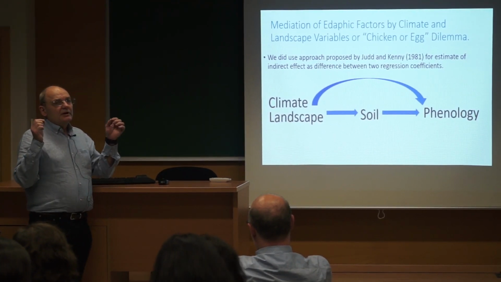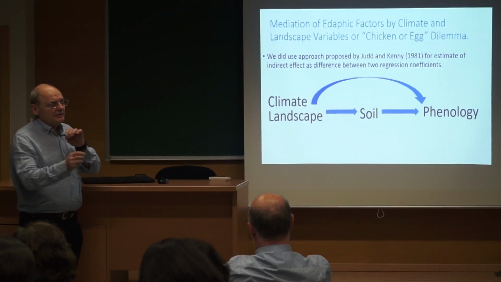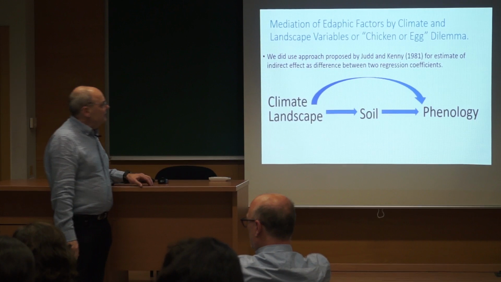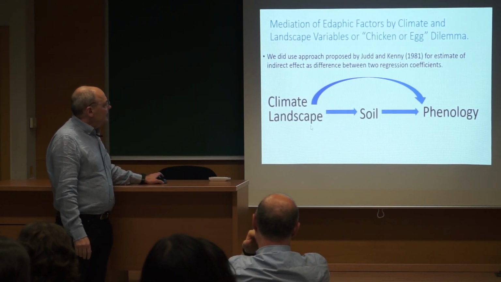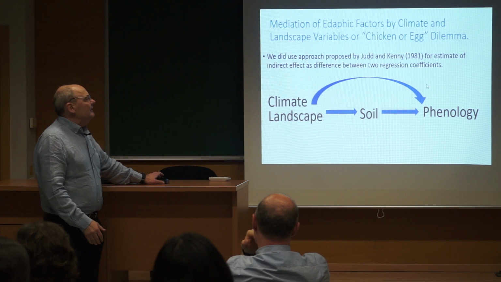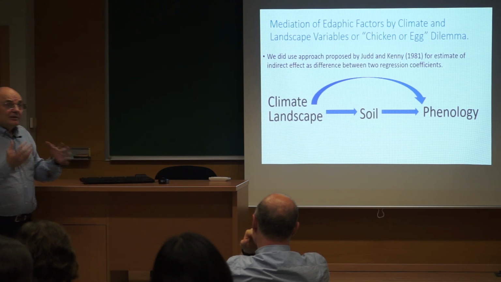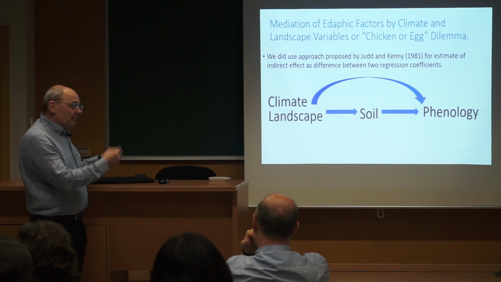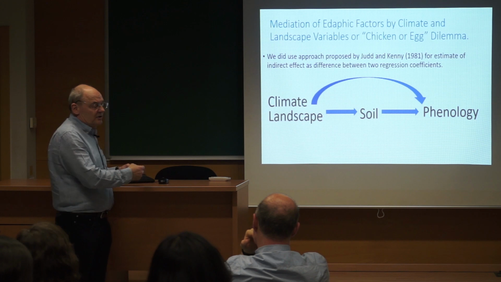First, you establish direct connection. So you see if there is a zero-level connection between, for example, a climate variable and phenology, between a landscape variable and phenology, between an edaphic factor and phenology. And then you combine these variables in multiple regressions, and you compare the coefficients from the simple regression with the multiple regression.